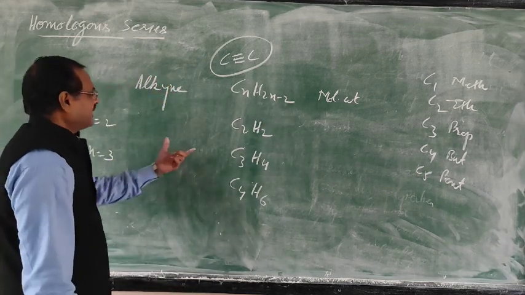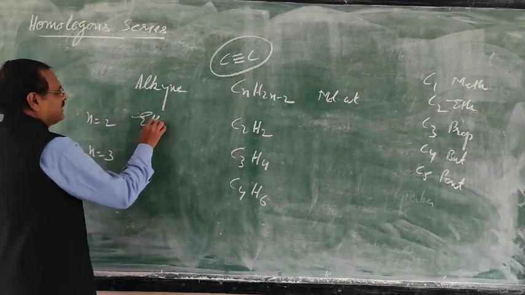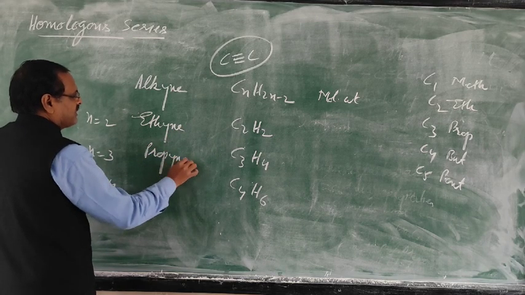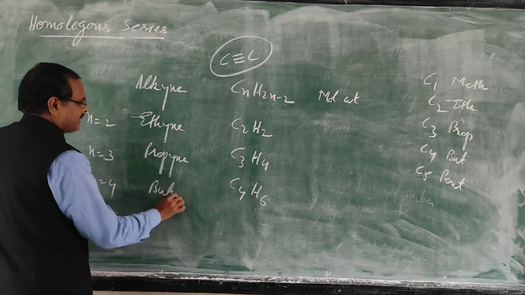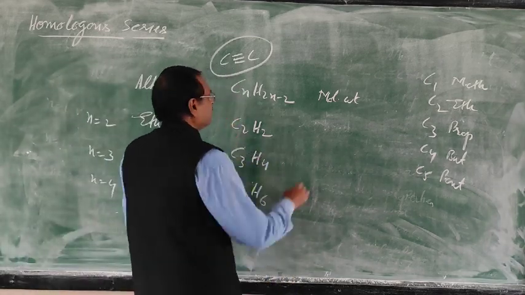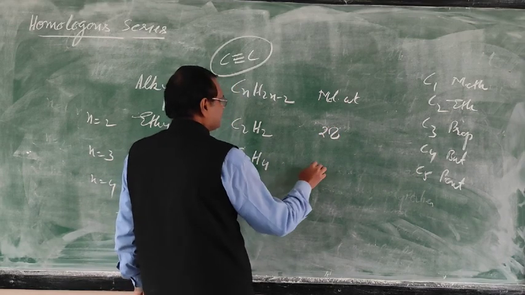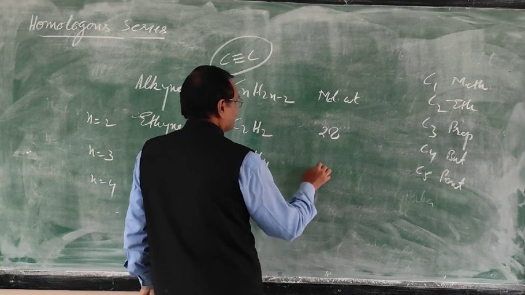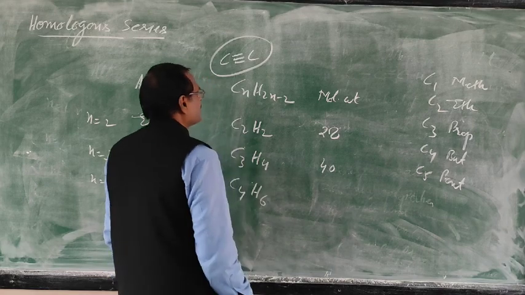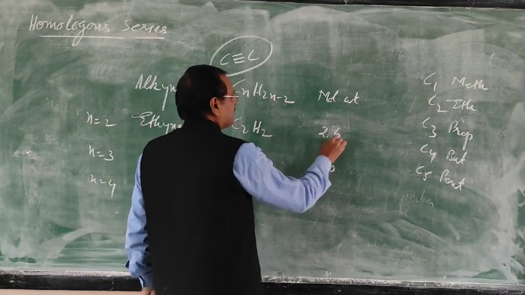Regarding the names, only the ending will change. So these will be ethyne, propyne and butyne. Now the molecular mass: 12 times 2 is 24, plus 2 is 26.